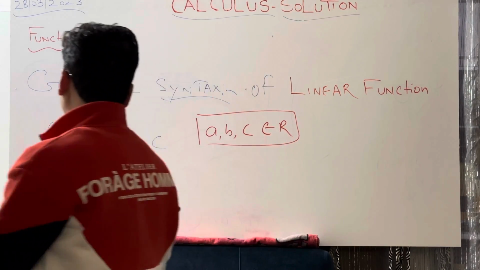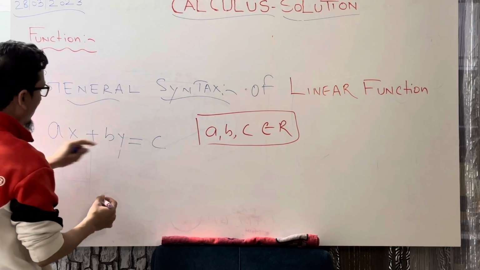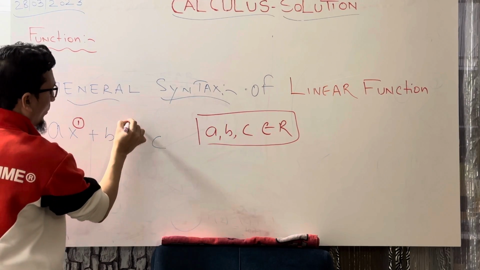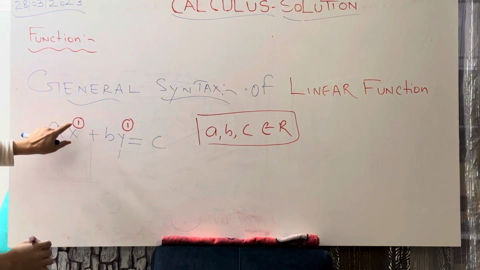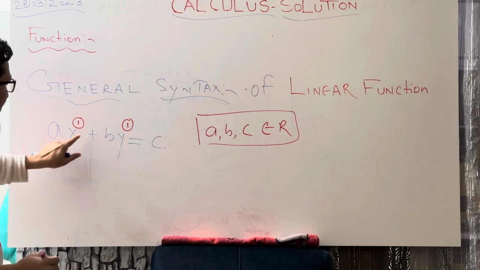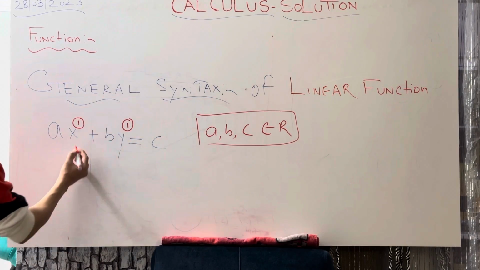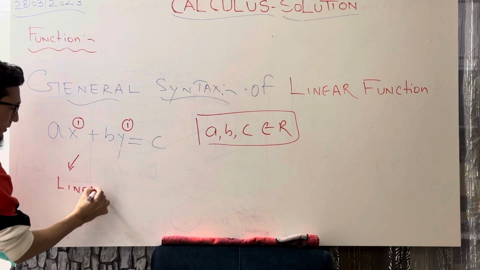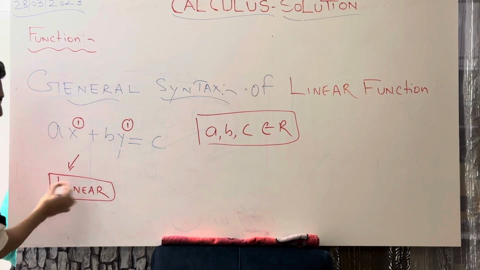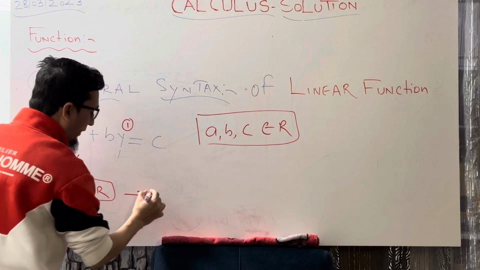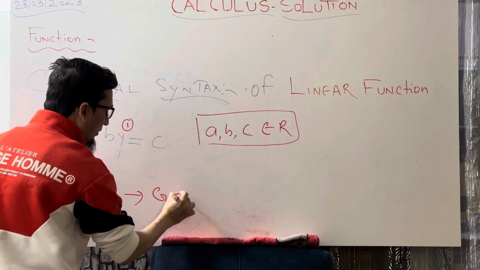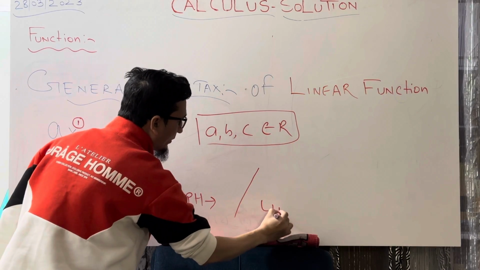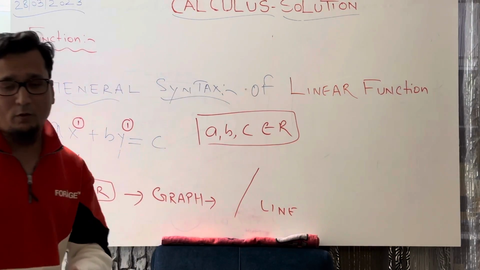Here x and this is y. Whenever you see the power, x has one exponent, y has one exponent. Whenever you see x power 1, y power 1, you can say that this is a linear. And if this is a linear, the graph is always a line, right?